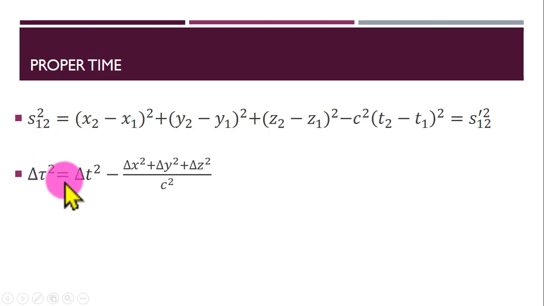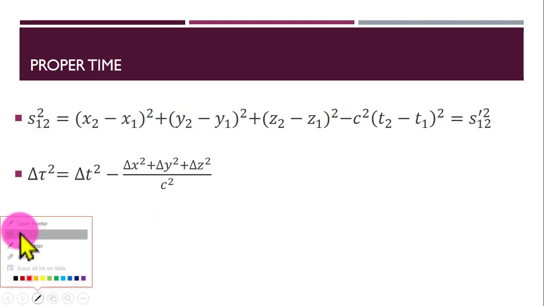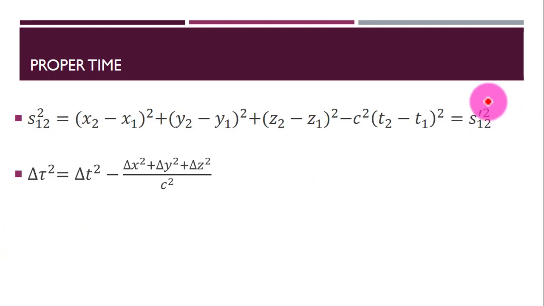Suppose in the S prime frame, the two events are occurring at the same position, that is x2 prime is equal to x1 prime, y2 prime is equal to y1 prime, and z2 prime is equal to z1 prime.